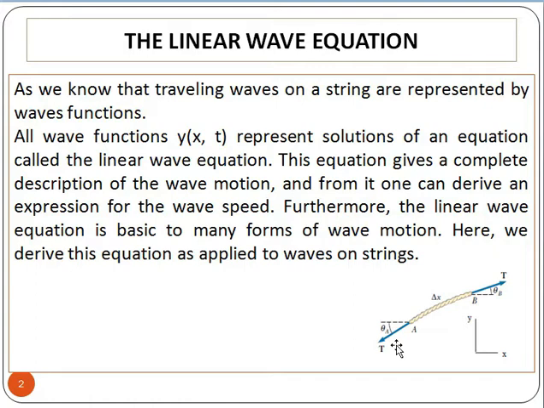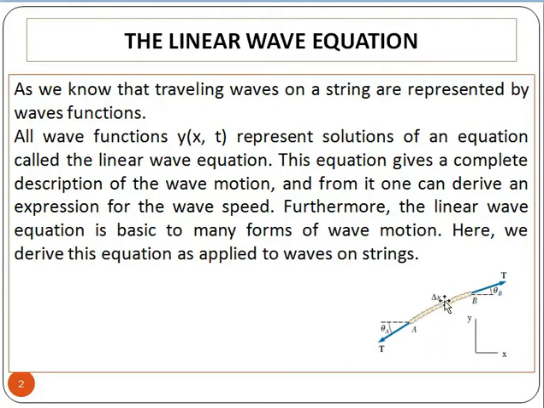So in order to proceed to the derivation of the wave equation, we analyze this element. This element should also have a mass, and the linear mass density of the string will be involved, but we have to keep these two points in mind.